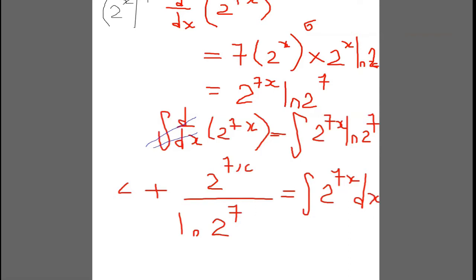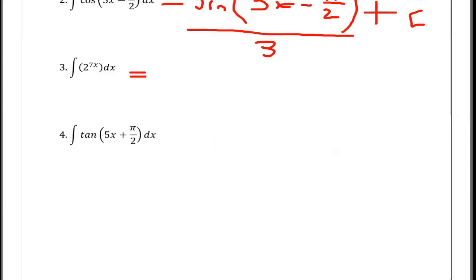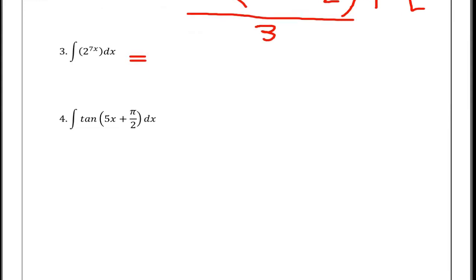But it's still integration by recognition. Right here, we found that the integral of 2 to the 7x is just 2 to the 7x over ln 2 to the 7th.